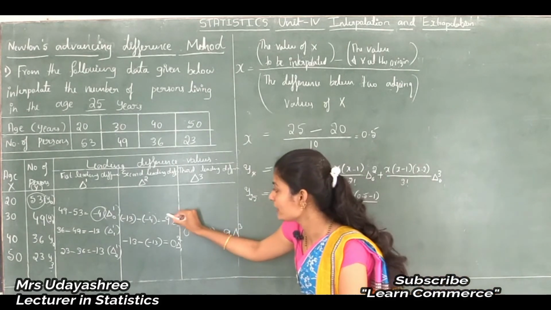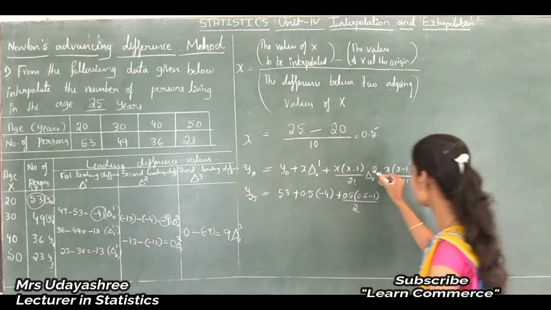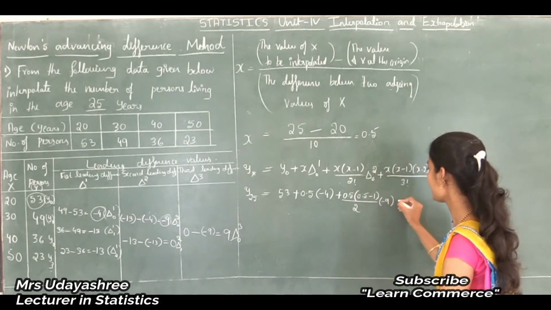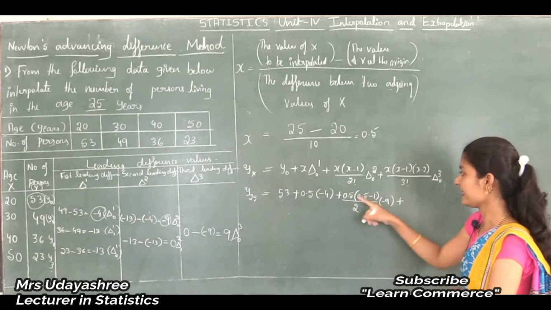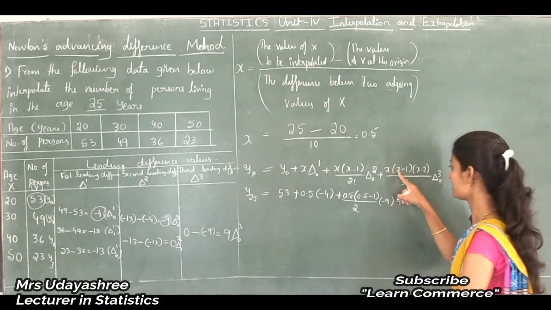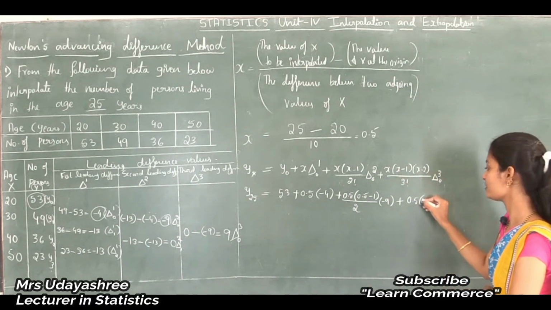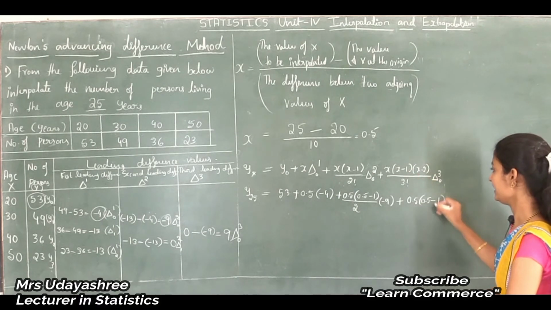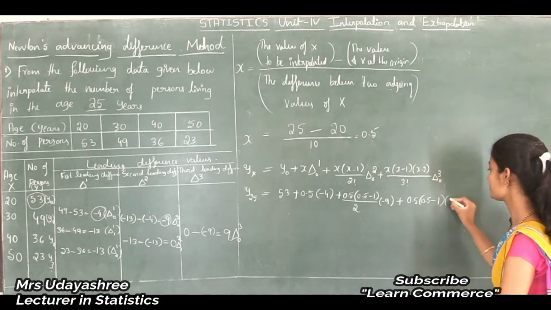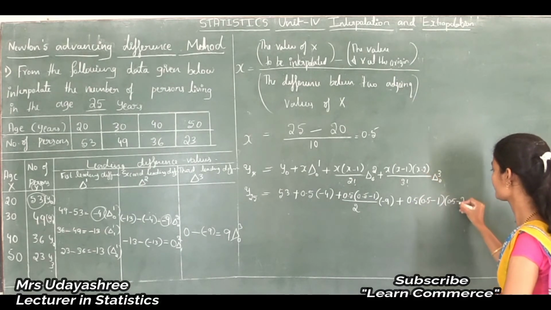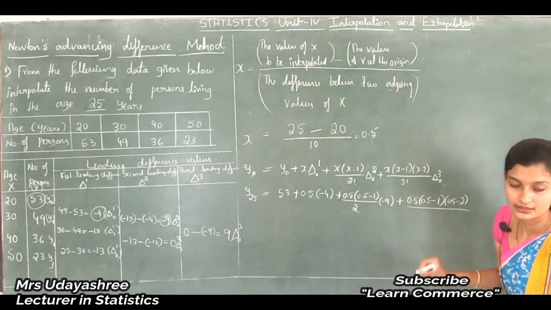Delta naught 2 value is minus 9, so in the place of delta naught 2 I will substitute minus 9, and plus x, which is 0.5, into x minus 1, that is 0.5 minus 1, into x minus 2, that is 0.5 minus 2, divided by 3 factorial.